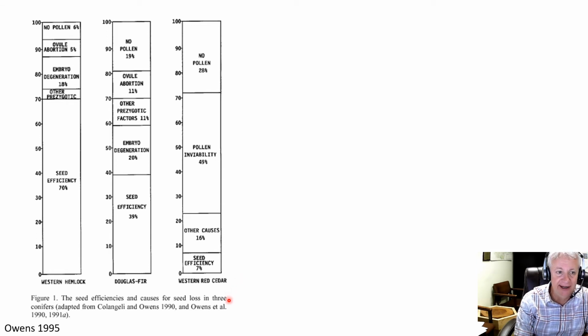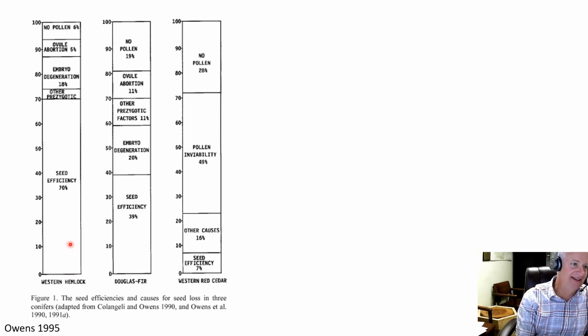These are some neat data collected by John Owens, who is one of the experts on conifer reproductive biology. Here, John Owens' group looked at reproduction in western hemlock, Douglas fir, and western red cedar in particular years and documented what fraction of seed produced were viable versus not viable, and why maybe they weren't viable.